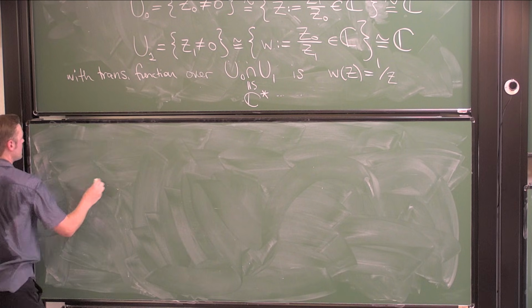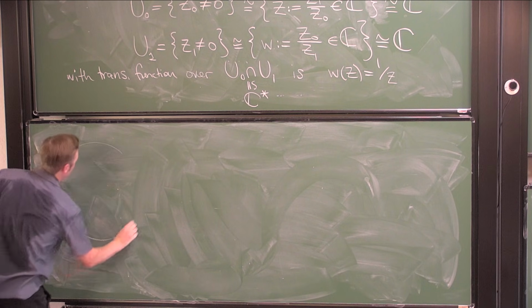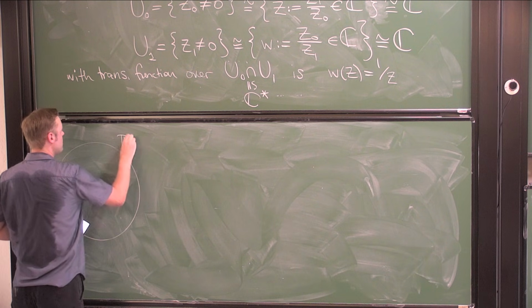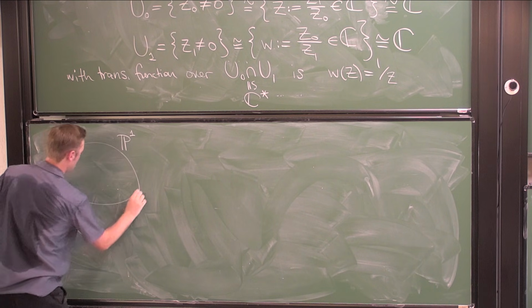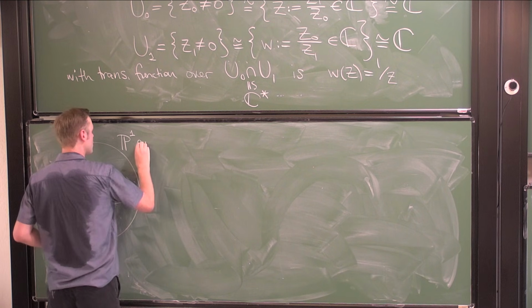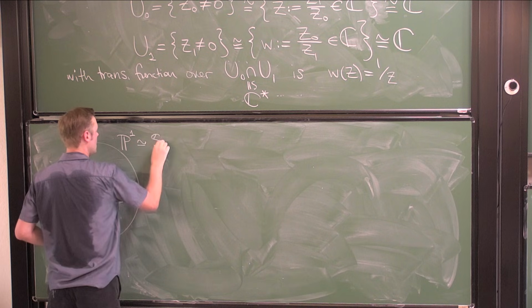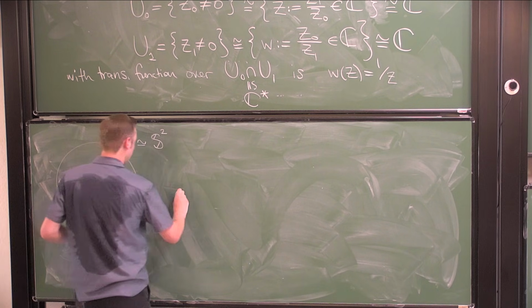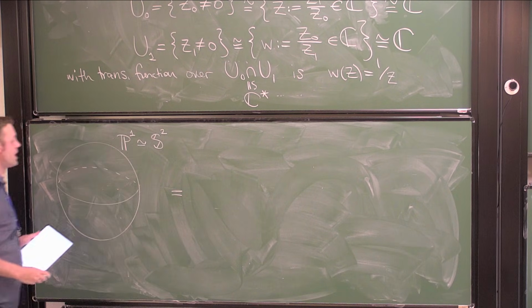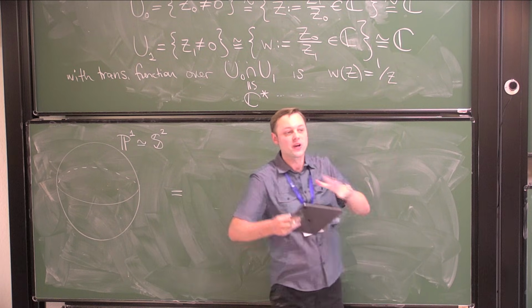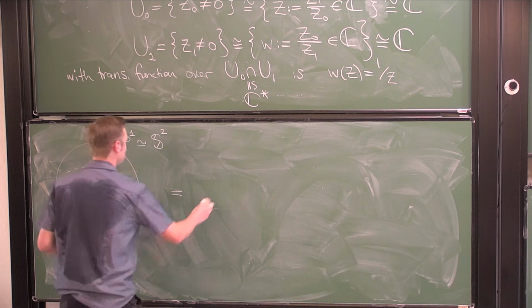So I have this is my P1, and it's homeomorphic to S2. It's just a sphere, obtained by taking two copies of C and gluing them along a C star. This is how I'm going to view it.